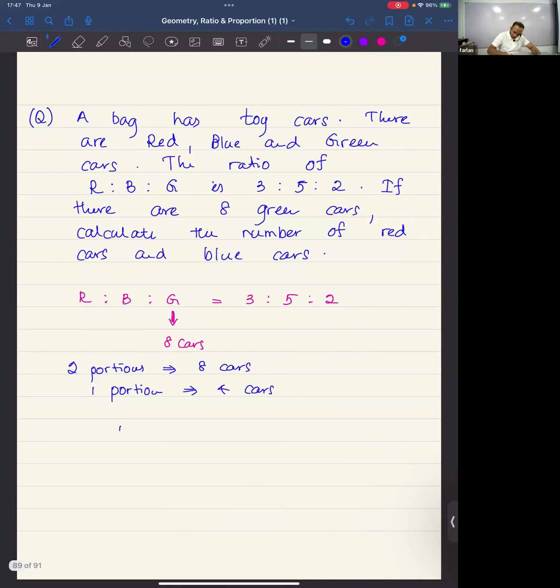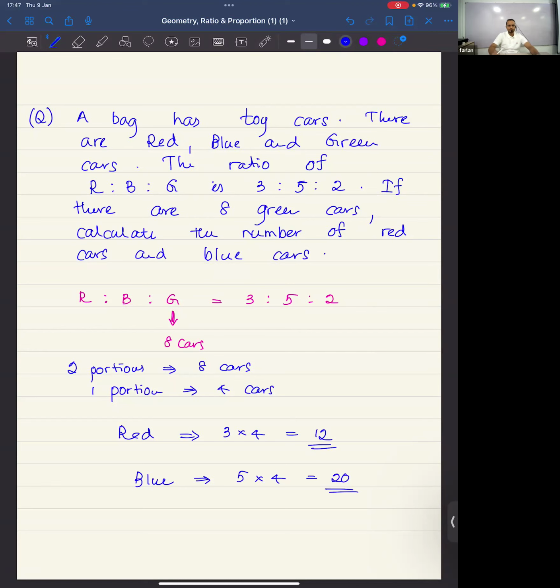Then the number of red cars will be 3 portions. Red is 3, right? So it will be 3 into 4. Red is 12 cars. Then the number of blue cars will be 5 into 4.